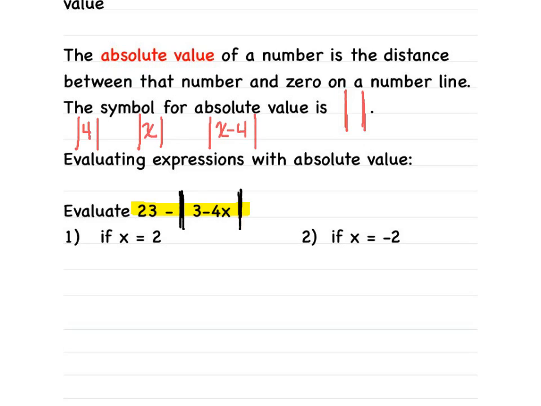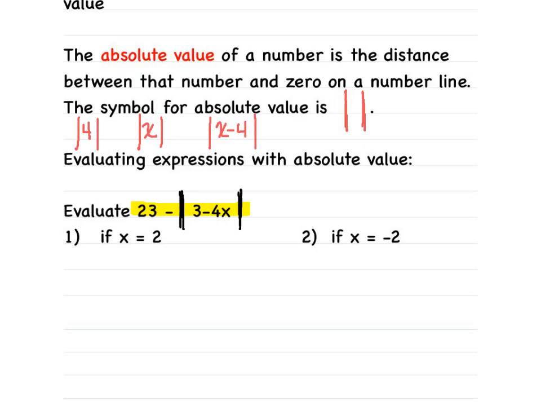So 23 minus the absolute value of 3 minus 4x. Okay, so I have 2 problems here. Number 1 is if x is 2, and number 2 is if x is negative 2. Well, what we need to do is substitute in each case, number 1 and number 2. So let's start with number 1.